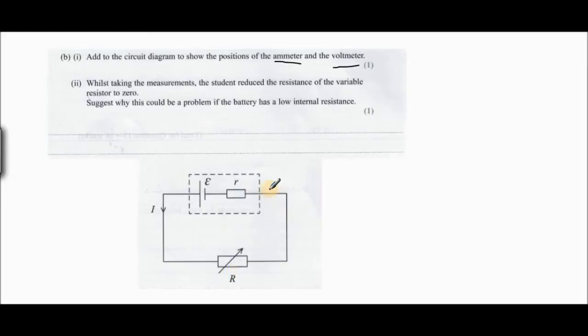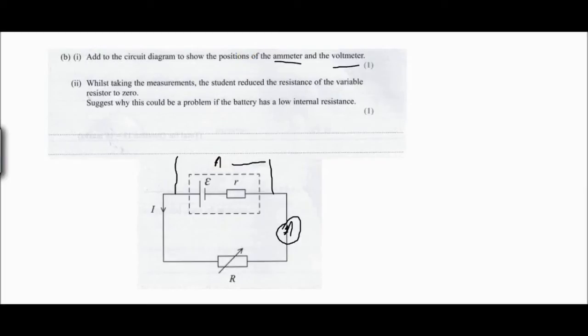I can put the ammeter in the outer loop anywhere in series, so I can put the ammeter here. This is my ammeter, and my purpose is to find the internal resistance or study the cell. So I need to put the voltmeter around the battery.